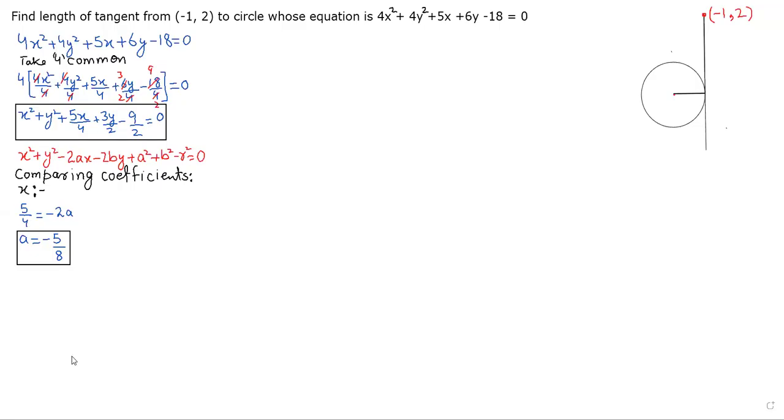Now I'm going to do the comparison of y.